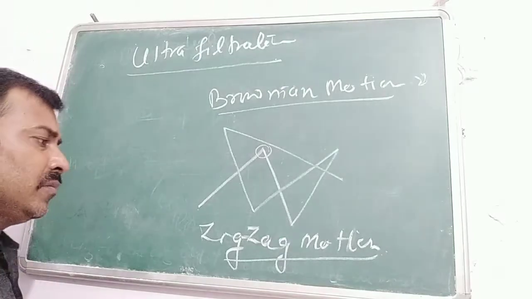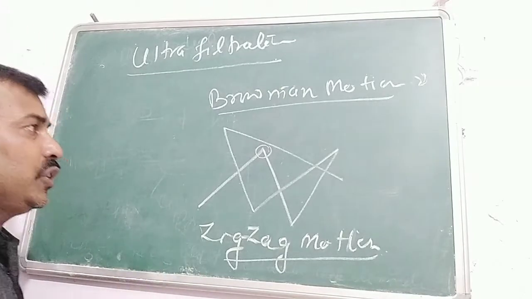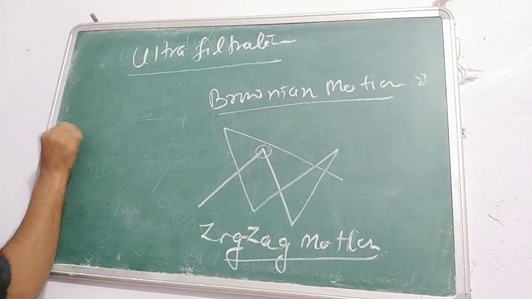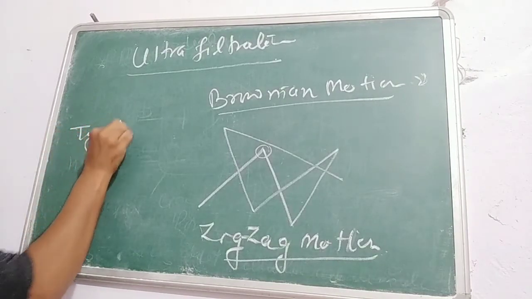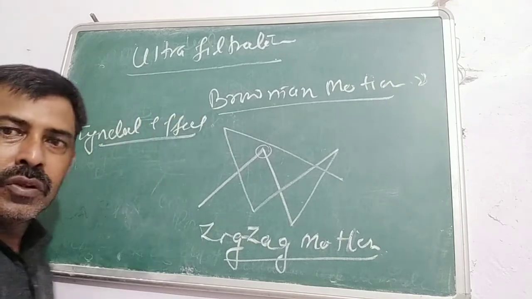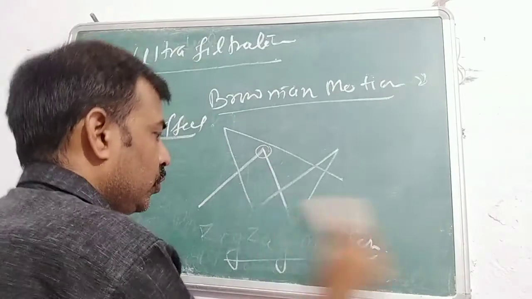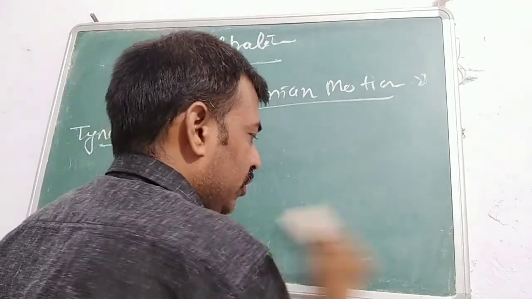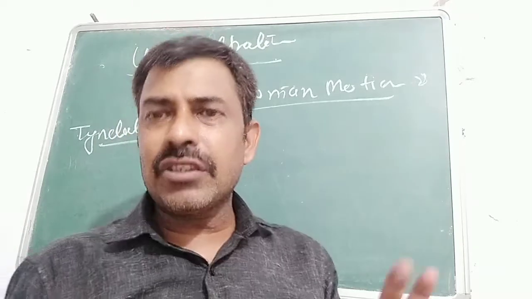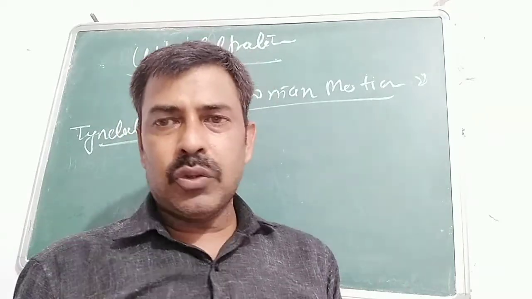The next thing, the next property which was shown by the colloids, that is called Tyndall effect. When a light beam passes through a colloidal solution or a suspension. Generally we never talk about the suspension because the suspension particles get suspended, so it's not possible.